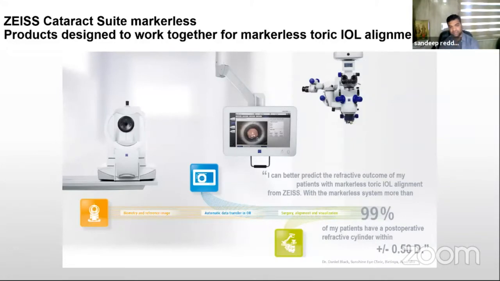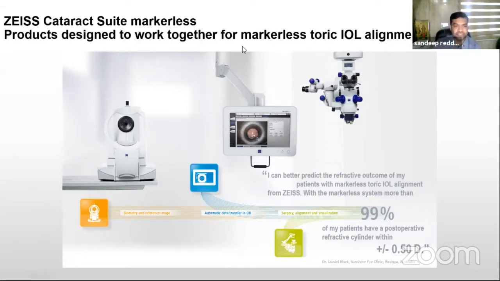We have two markerless torics in our market, the Callisto system and the Varian system. The Varian is from Alcon. Today I'll be talking about my experiences with the Callisto system. As you are all well aware, one of the best optical biometers is the IOL Master 700.